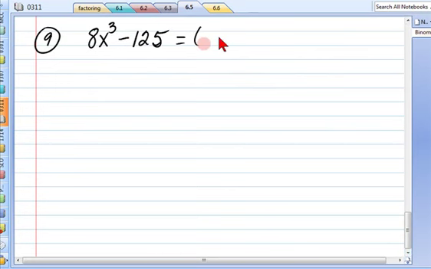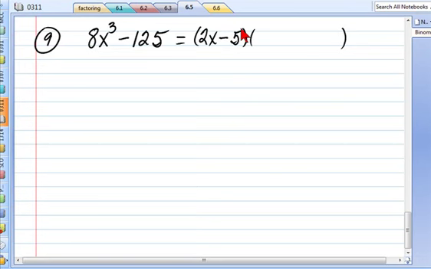Okay, so I need binomial times trinomial. What's the cube root of 8? 2. So that's going to be 2x. Keep the sign. And what's the cube root of 125? 5.